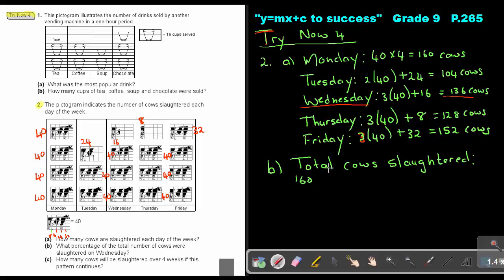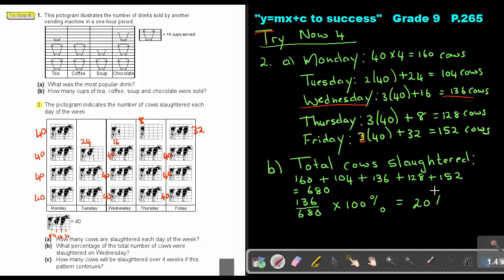I'm just adding up all that: 160 plus 104 plus 136 plus 128 plus 152, and that will give me a total of 680. Then for Wednesday, making it a percentage, 136 over 680, multiply by 100%, and that will give me 20%.